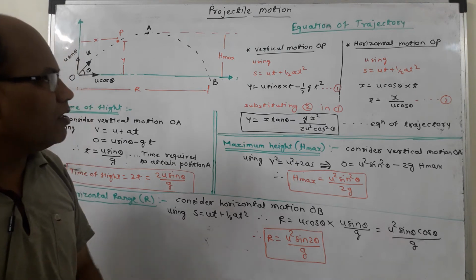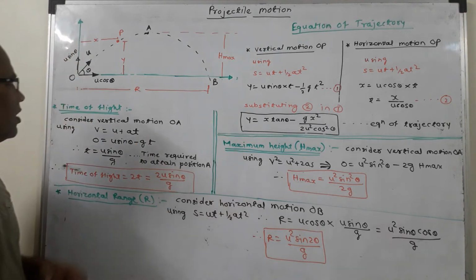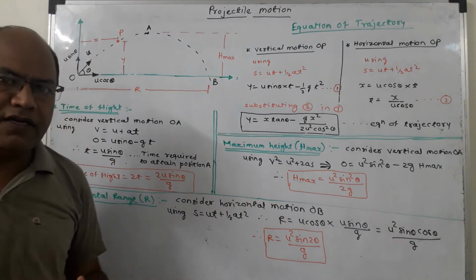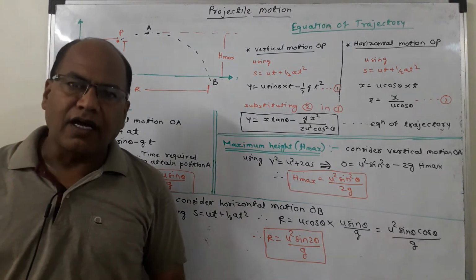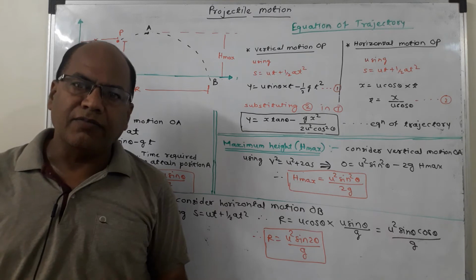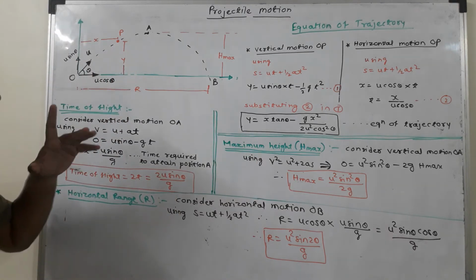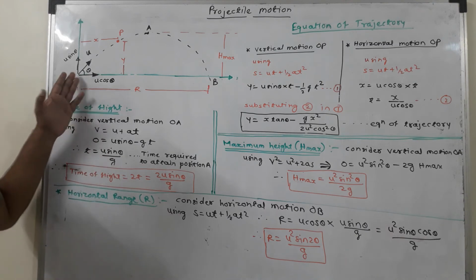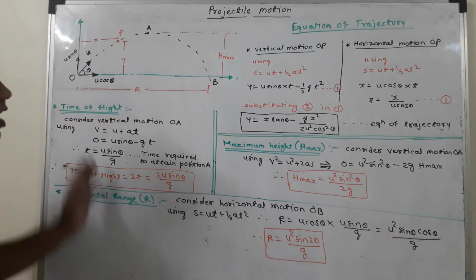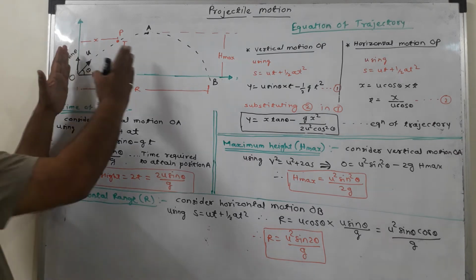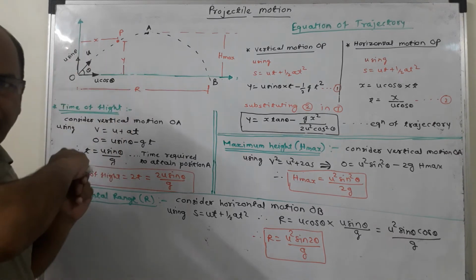Now the second term I want to explain is the time of flight. Time of flight, as I defined it, is the time for which the projectile remains in air. In order to get the time of flight, that is the time taken by the projectile to cover the distance from O to B along the parabolic path, I am considering only the first half, that is OA.